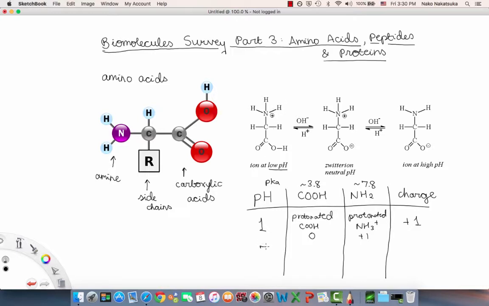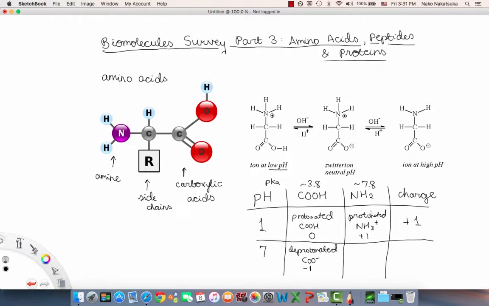Now let's try a neutral pH. At a neutral pH, this pH value is now higher than the pKa of COOH, so this is going to be deprotonated. Carboxylic acid in its deprotonated form is COO-, so thus we have a -1 charge.